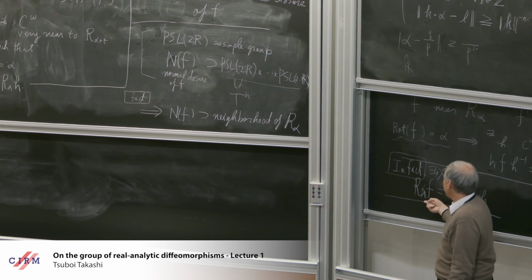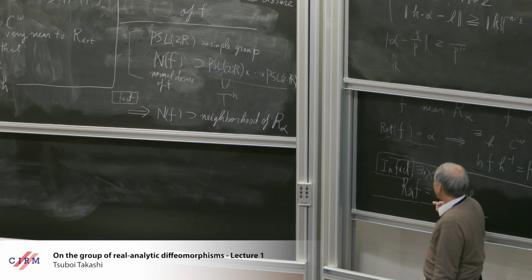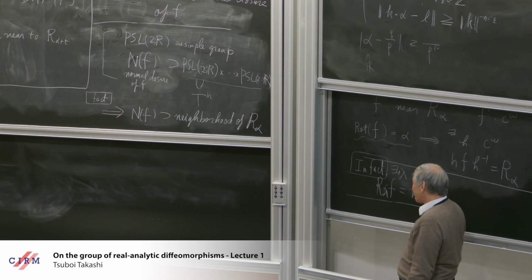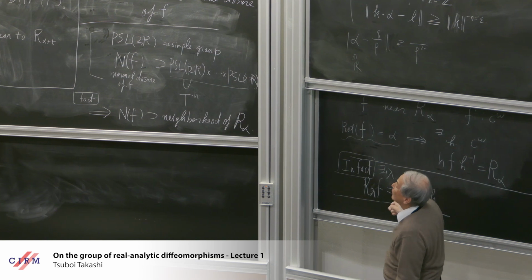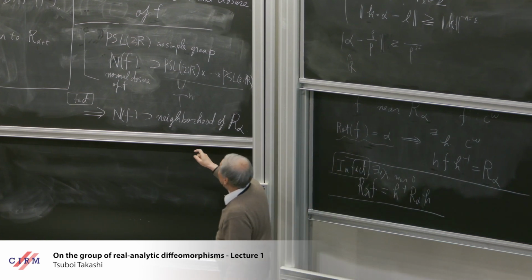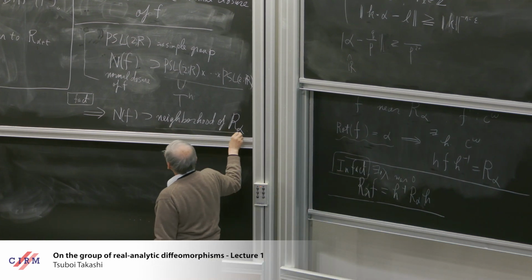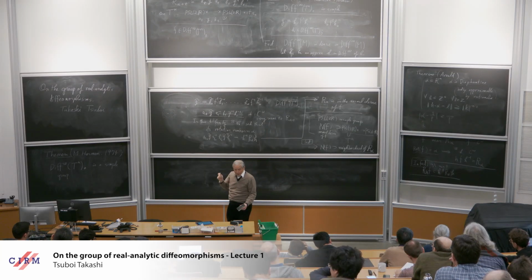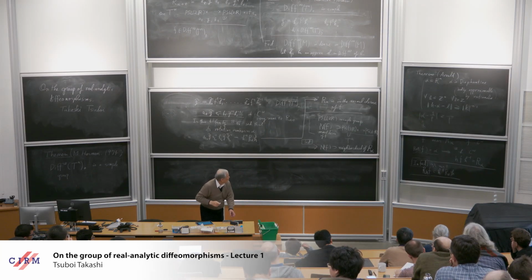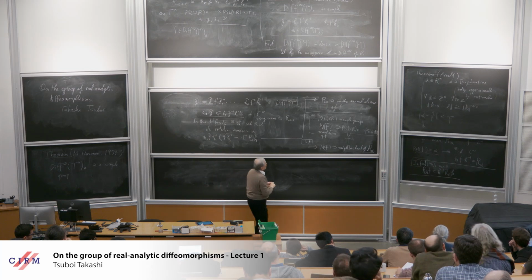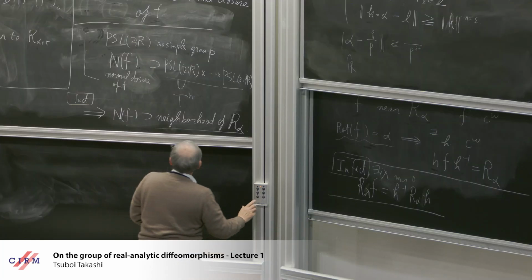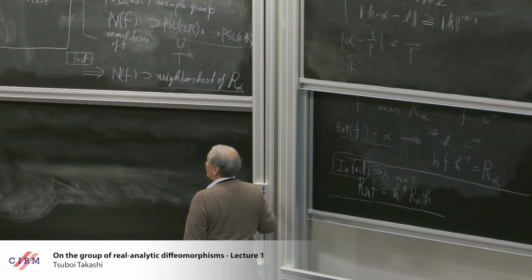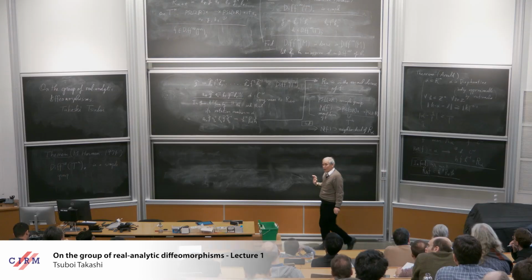So this element is in fact written as the conjugates of the product of the conjugate of the rotation, and this means the given F, a neighborhood of this one is contained in the normal closure of F. So we won.